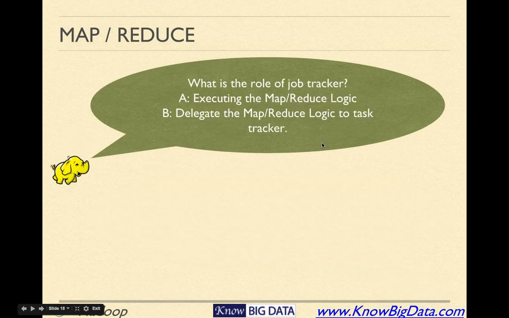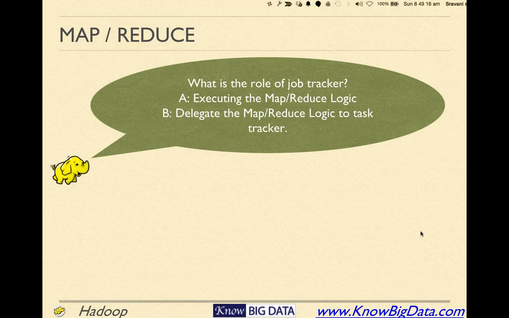All right. Okay, so again, a little bit of a quick refresher. What is the role of the job tracker, A or B? A is executing the MapReduce logic, and B is delegating the MapReduce logic to the task tracker.